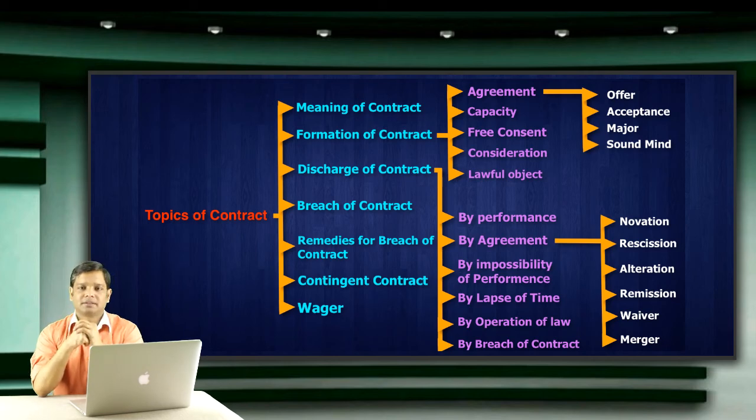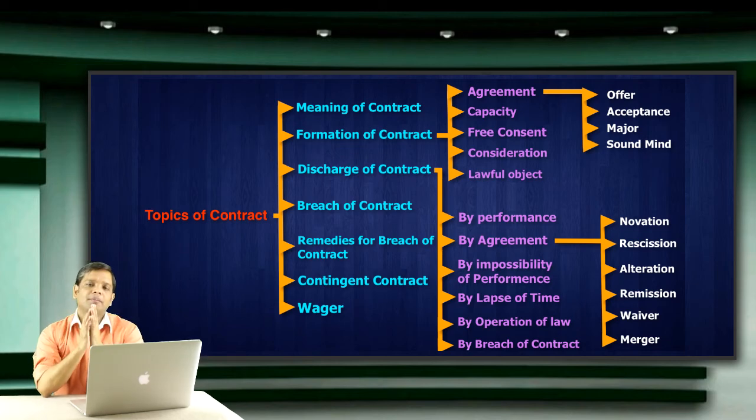Last one is merger. What does it mean? The existing contract can be merged into some other contract, maybe new or maybe already existing but separate. So if two contracts are going on parallelly, through merger both the parties, with an agreement, can merge both the contracts, and from now onwards it is one contract with fresh terms and conditions.